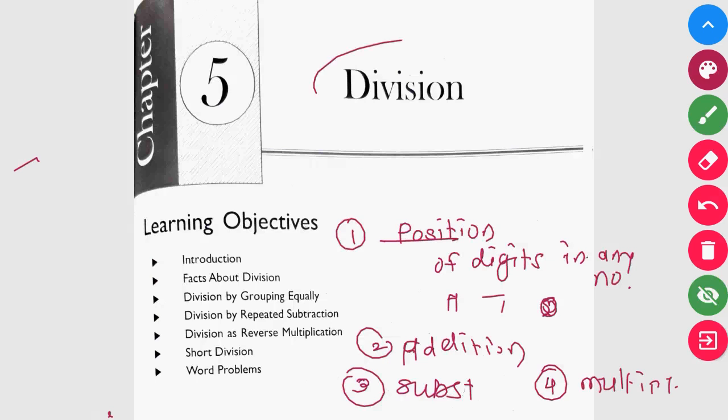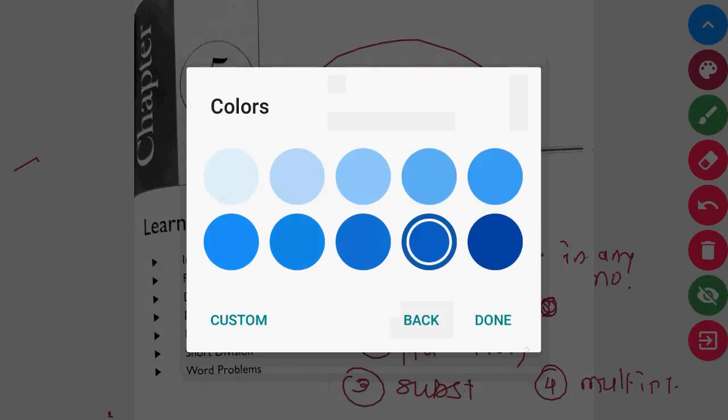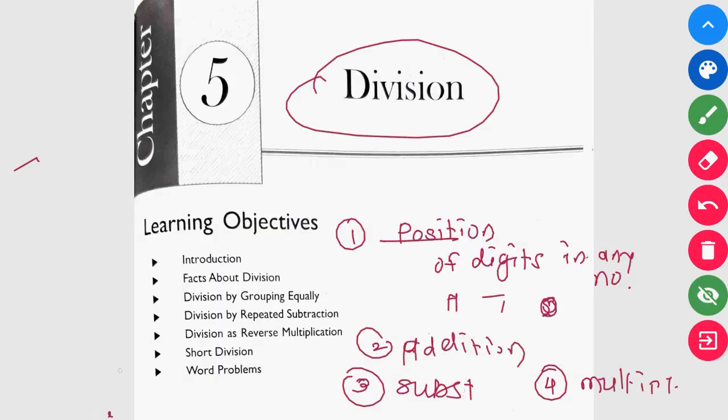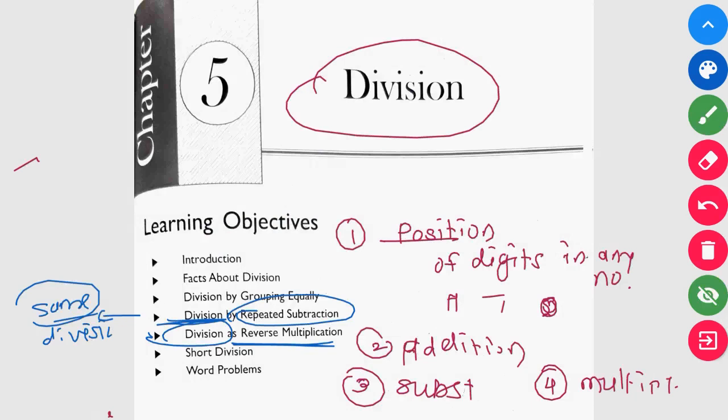And now our topic is division. So what is meant by division? Division is the reverse operation of multiplication, or you can say repeated subtraction of the same number is division. Like repeated addition of the same number is multiplication, repeated subtraction of the same number is division.